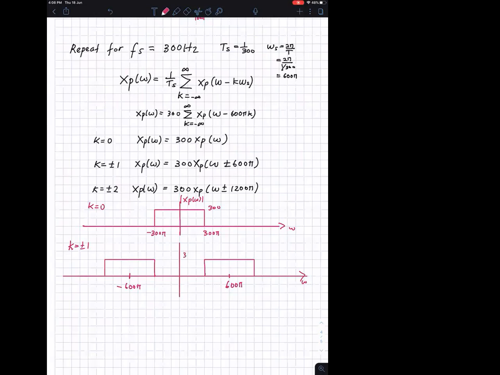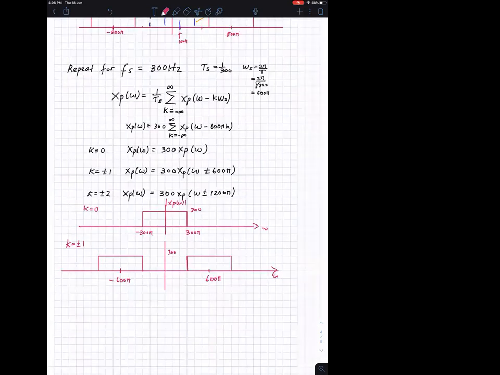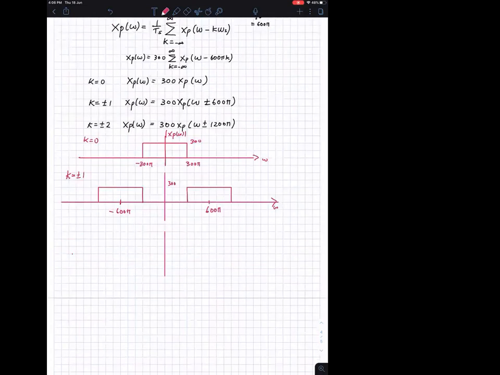So don't forget, I'm happy with drawing 2 of them, because the next one I'm going to draw is going to be quite easy also, at plus minus 1200 pi. 600, 600, somewhere here, right?